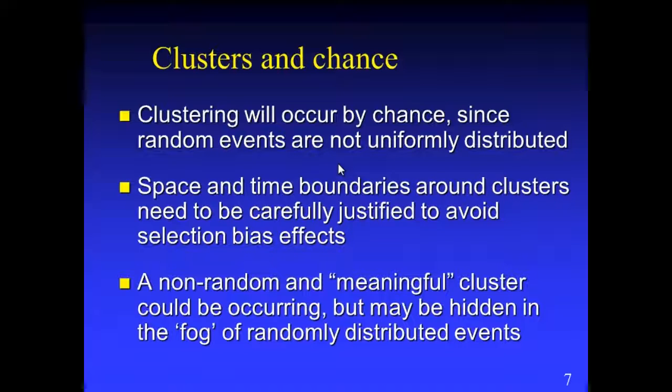And we really need to be careful when we draw our space and time boundaries. The example had just a space boundary, but by drawing a circle around that cluster in the bottom left-hand corner, we focus on that. Really, the appropriate boundary would have been the whole city, not just that particular block.